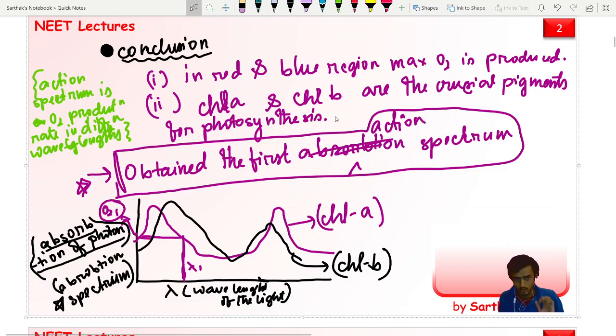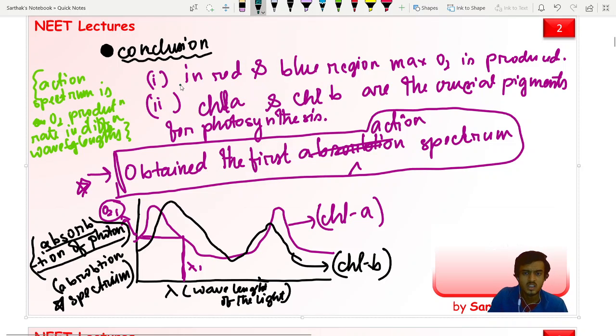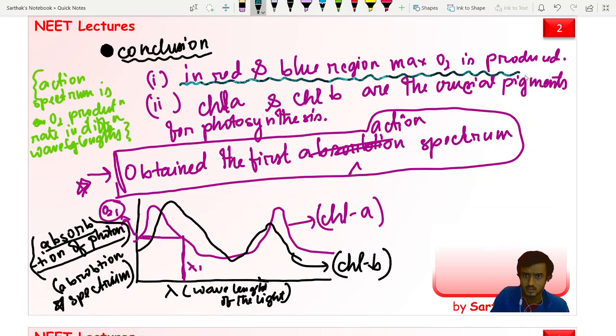So what were the conclusions drawn by him? This conclusion point will be very long, because in it I will be explaining the action spectrum and the absorption spectrum. The first conclusion drawn by him was that in the red and blue region, maximum O2 is being produced.